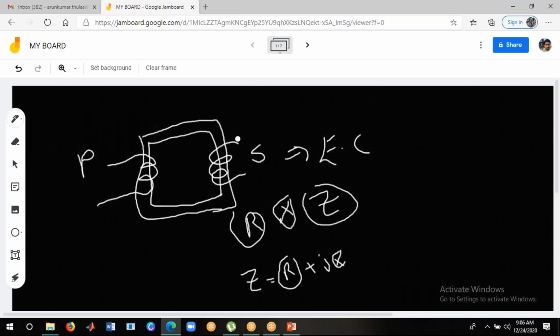Now I am going to convert this circuit of the transformer into the equivalent circuit. Let me see how the equivalent circuit looks and what components are involved in it.